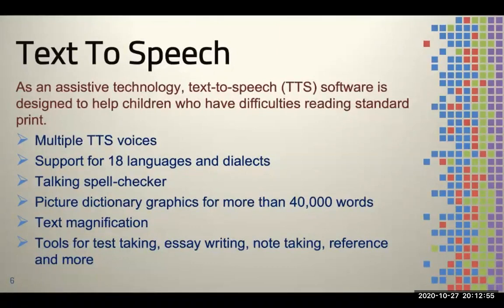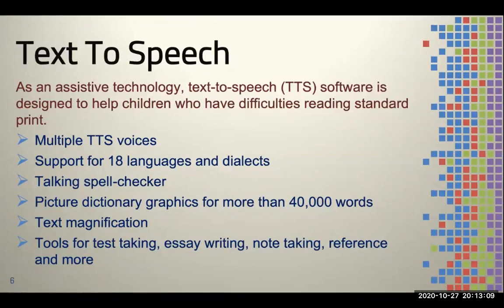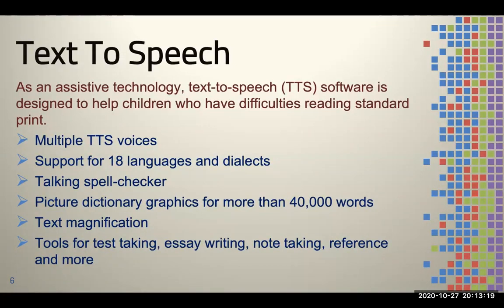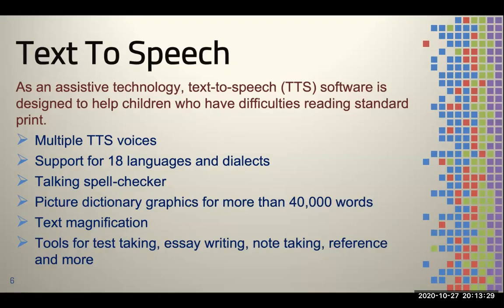However, other students can benefit from TTS technology too, even those who are not physically impaired, such as children who have autism, attention deficit hyperactivity disorder, or an intellectual disability.